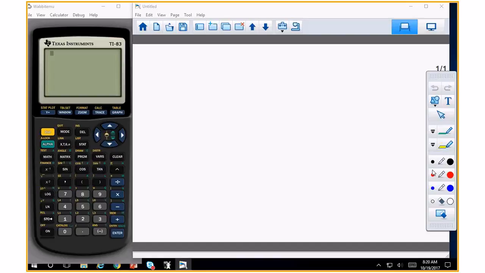So, the general equation of a line is y equals mx plus b, where b is the y-intercept. So let's go ahead and put that down. B is the y-intercept. And let's use a different color to highlight.